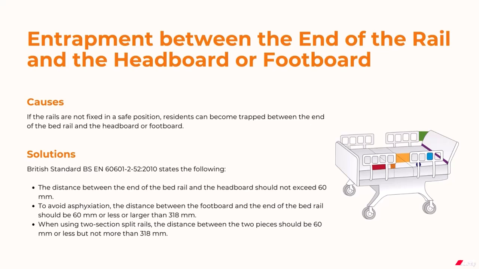To avoid asphyxiation, the distance between the footboard and the end of the bed rail should be 60 millimeters or less or larger than 318 millimeters. When using two-section split rails, the distance between the two pieces should be 60 millimeters or less but not more than 318 millimeters.